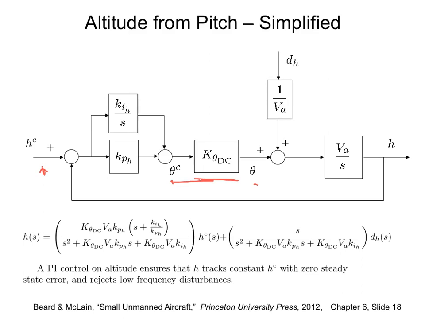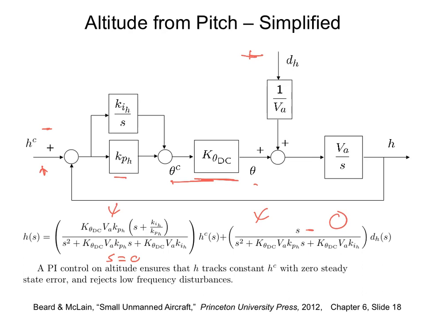Now we are using a PI loop. There are two inputs, height commanded and disturbance. When we compute the closed loop transfer function, we get these two. To see the disturbance gain, if we put s equals 0, you will see there is an s here, so this whole thing goes to 0.